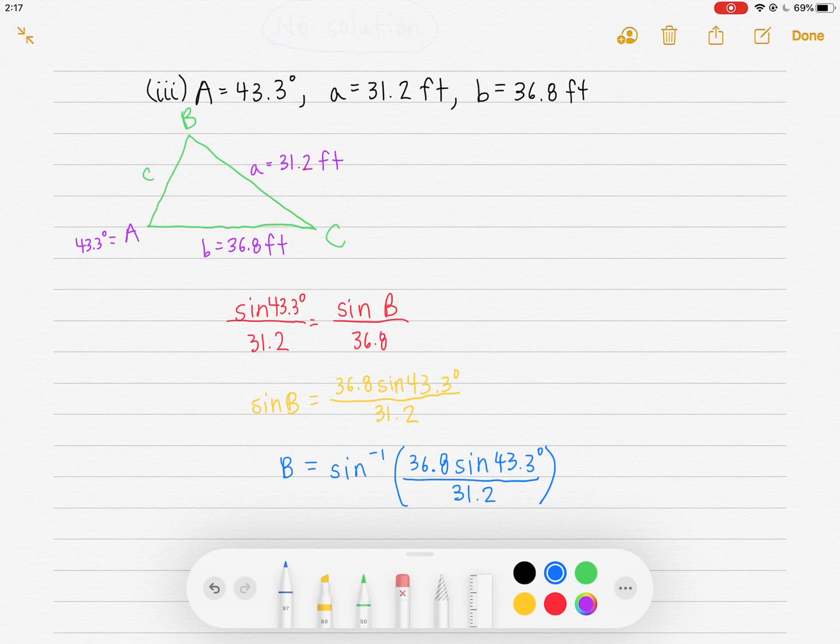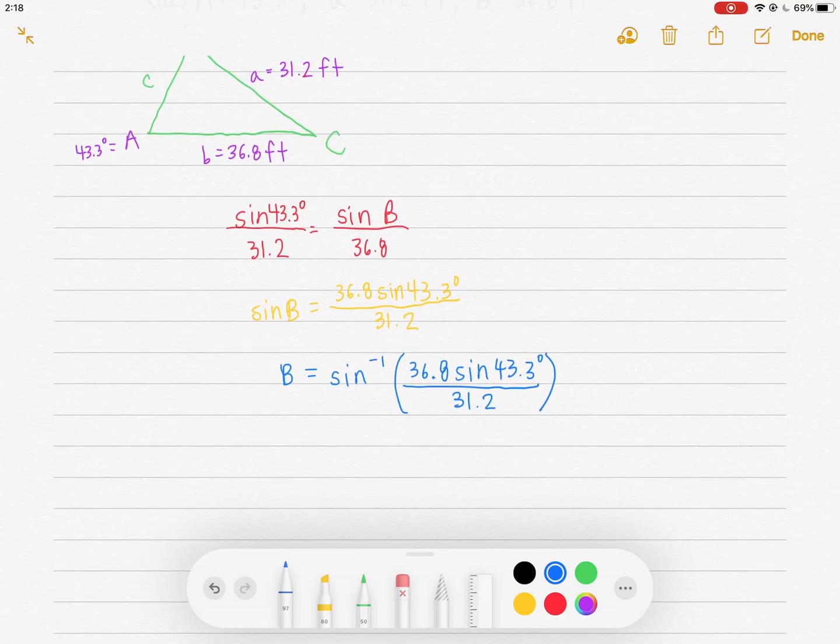So sine inverse of 36.8 sine of 43.3 degrees divided by 31.2, and that gives us a big B of approximately 53.9899.